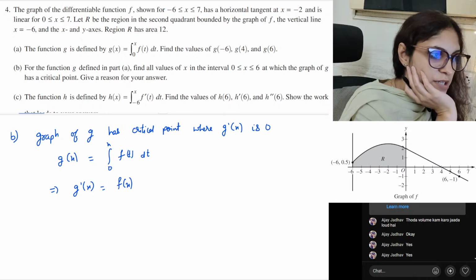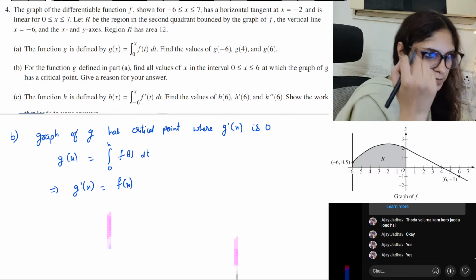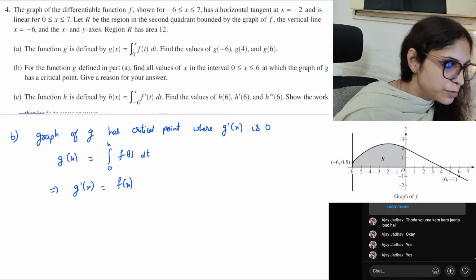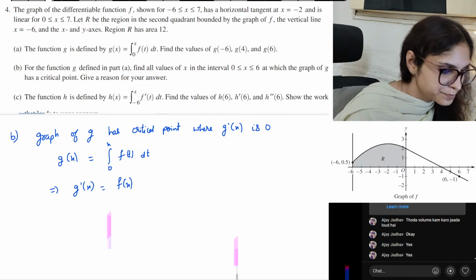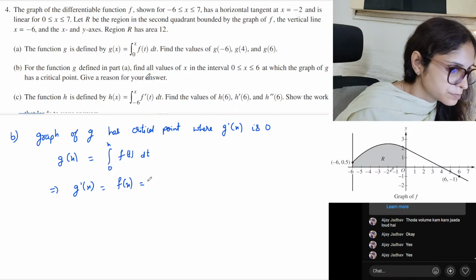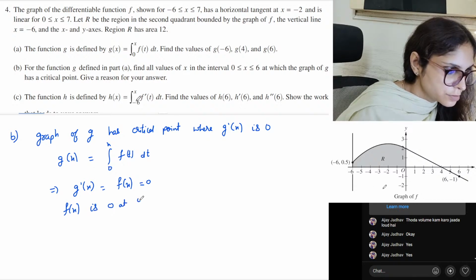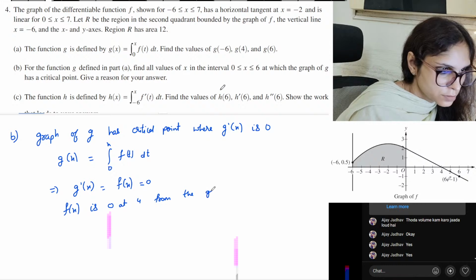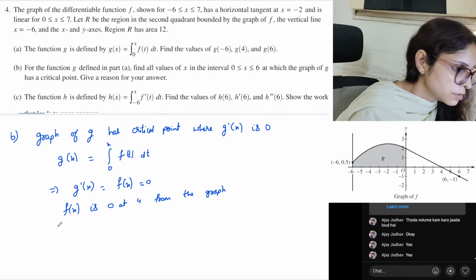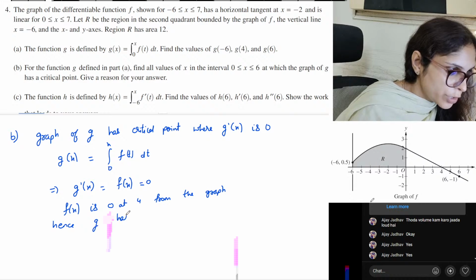So we just have to see where f of x is 0 to find the critical points. From the diagram, we can see f of x is 0 at 4. Hence, G has a critical point at 4.